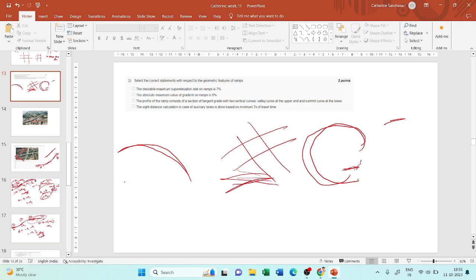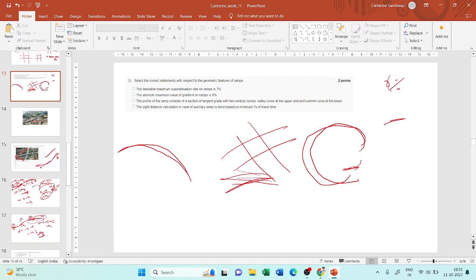So your ramps should have super elevation, but what is the limiting value of super elevation that we saw on an at grade road? It should be maximum of 7%, right? Here it should be only a maximum of 6%.